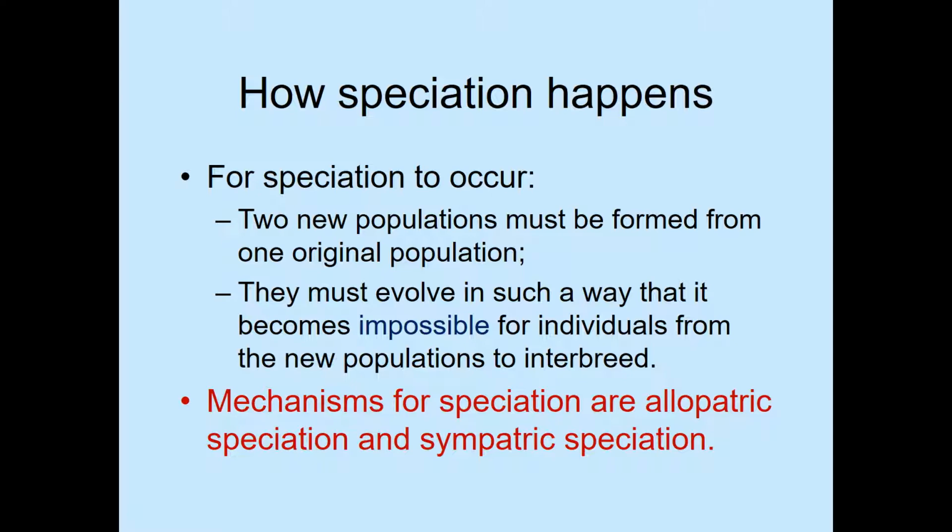Now, for speciation to happen, you got to have two new populations that have to be formed from one original population, and they've got to evolve in such a way that it becomes impossible for them to interbreed. Okay, and the way this works are two specific types. You have allopatric speciation and sympatric speciation.